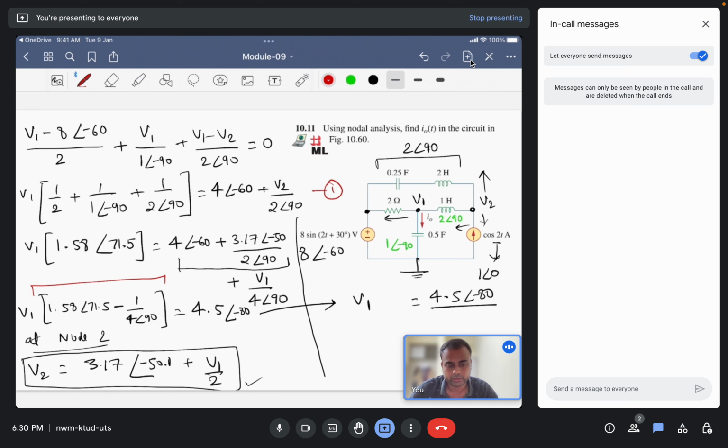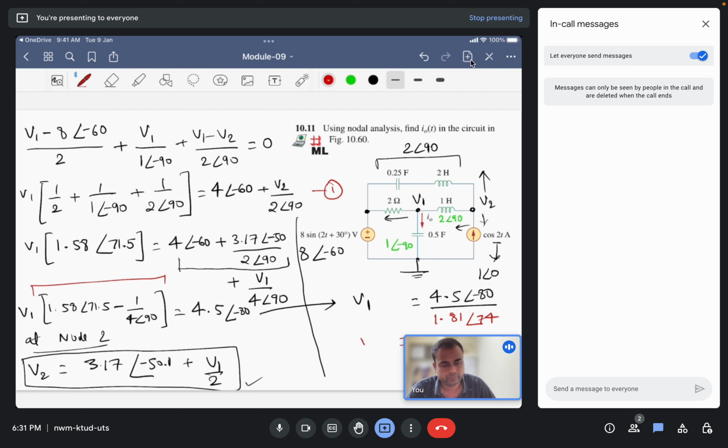So let us simplify that quickly. 1.58 angle 71.5 minus 1 upon 4 angle 90 minus 1 upon 4 angle minus 90. This comes out 1.81, angle is 73.9. So let us call that 74.